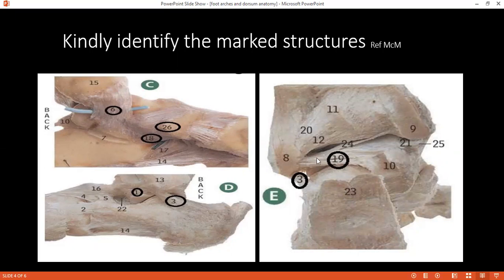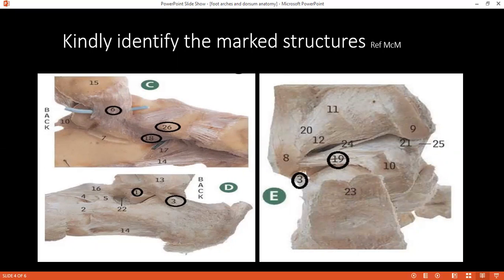Very good. Moving on to E. If you can identify 3. Ma'am, 3 is the same calcaneofibular ligament, and 19 is the posterior talofibular ligament. All right.